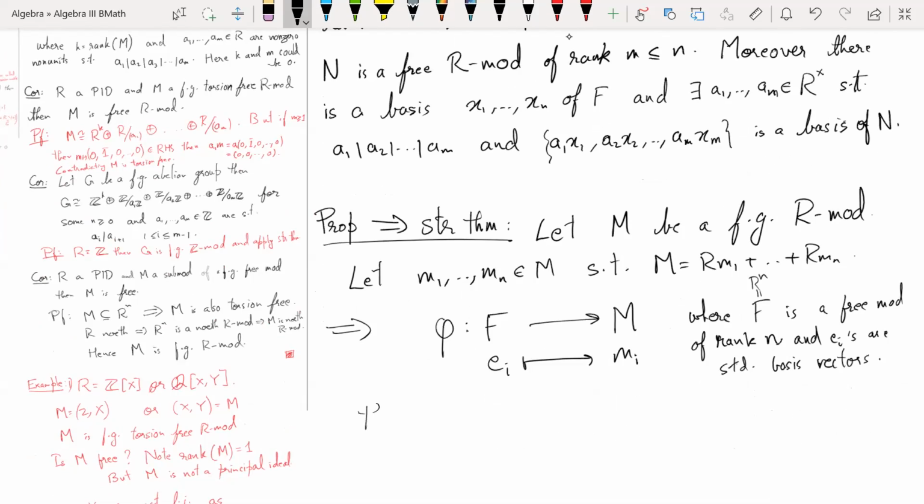And then phi is an R epimorphism, or R-linear surjective map.